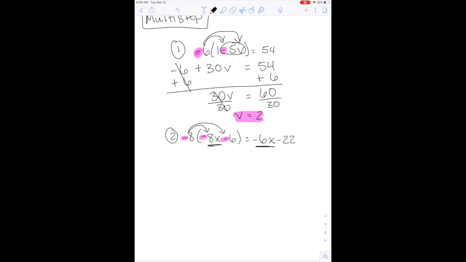So negative 8 times negative 8x is 64x. And negative 8 times 6 is 48. And now we're adding that 48 because it's a positive. And adding is the same as having a positive number. We did nothing on the other side of the equation, so all of that comes straight down.